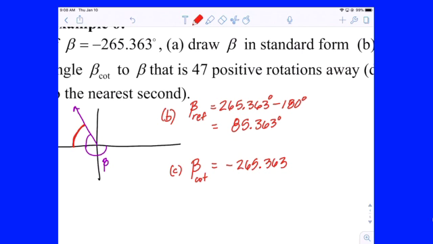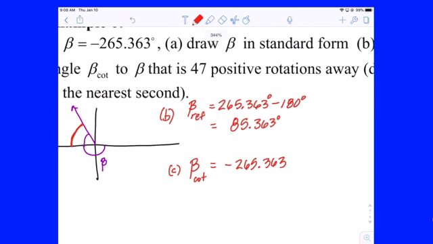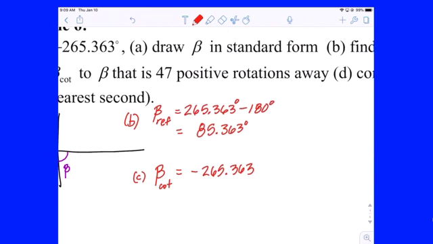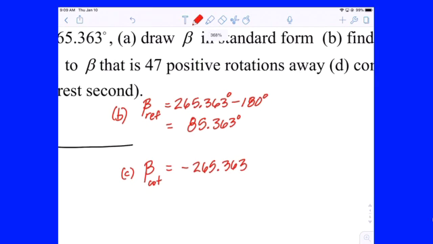And because I'm rotating in the positive direction, do I want to add or subtract rotations? Add, right? So then plus 360 degrees times 47. Yeah, that's all you have to do. Remember, there's infinitely many coterminal angles for any given angle, including coterminal with itself.